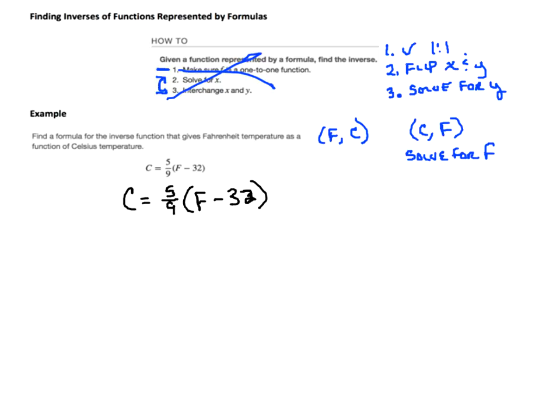Okay, so my first task is to flip-flop my variables. F equals 5/9 C minus 32.